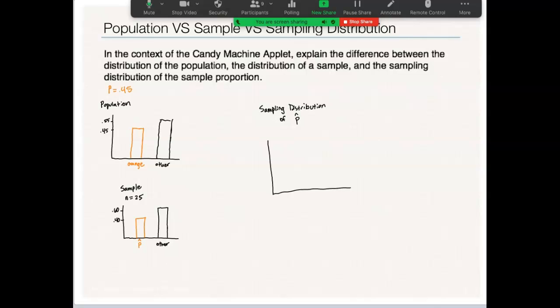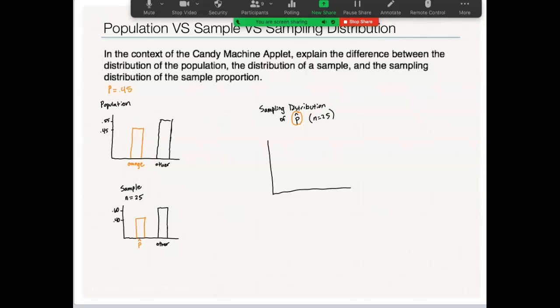Let's say we're dealing with size n equals 25. And each time you take a sample, you compute, in this case, the proportion of orange. And you create a dot plot out of that, right?